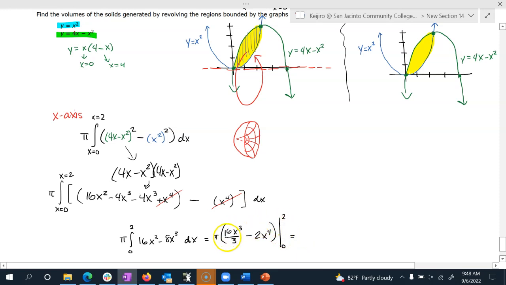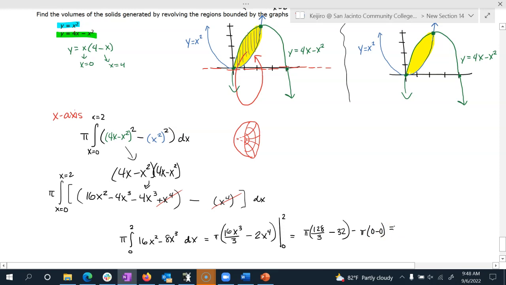If you plug in 2, you're going to get what? 8 times 16 is 128 over 3. Minus, that's going to be 32. Minus, well, pi times 0 minus 0.